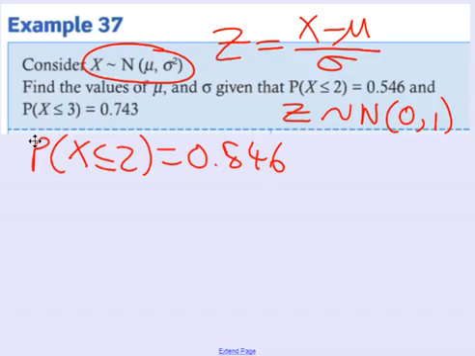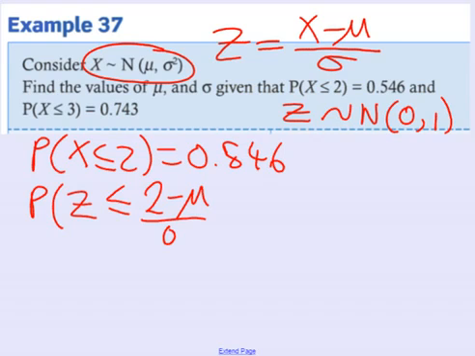If we do that to both sides, we get the probability z is less than or equal to (2 minus mu) over sigma is 0.546.